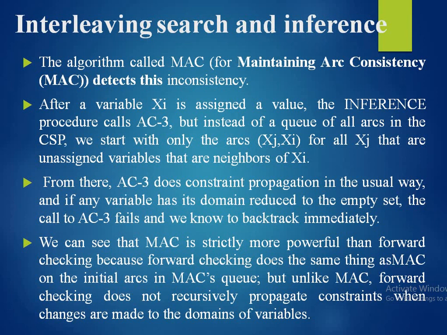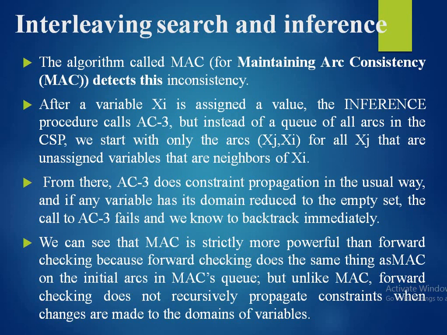From there, AC3 does constraint propagation in the usual way, and if any variable has its domain reduced to the empty set, the call to AC3 fails and we know to backtrack immediately.